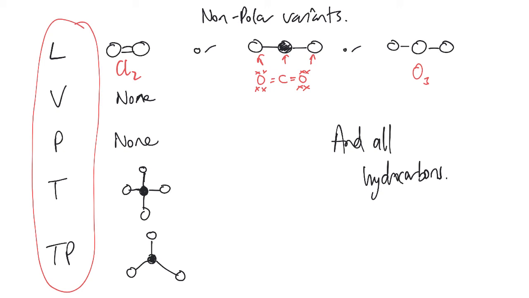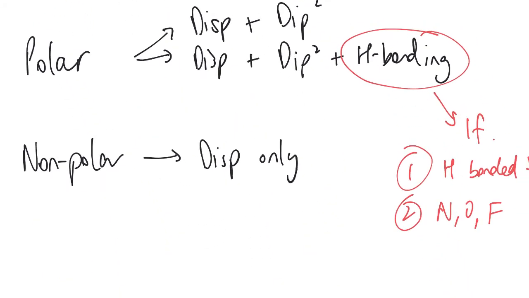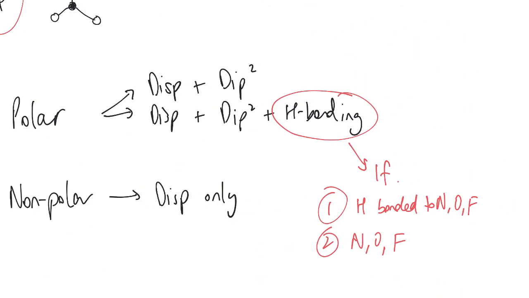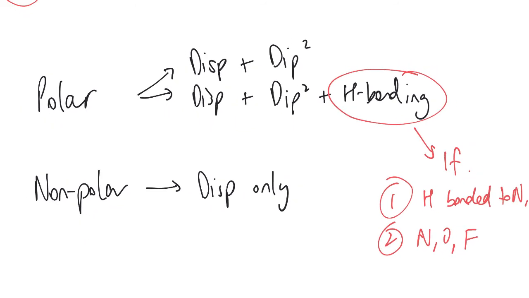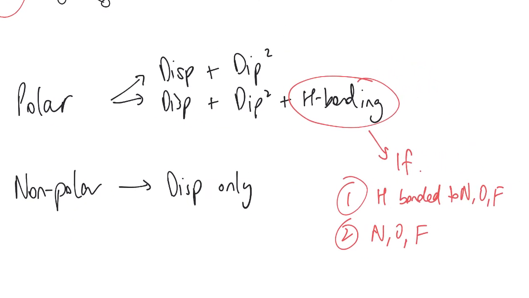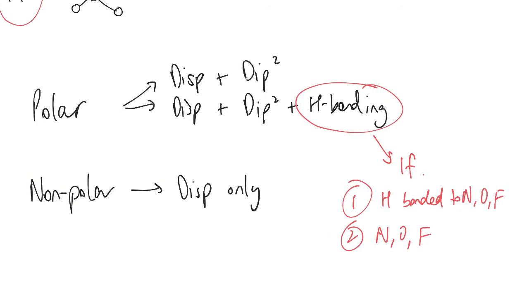So this is what you look for in terms of identifying if something is polar or non-polar. Once you've worked out whether something is polar or non-polar, you can work out what types of van der Waals forces it's going to have.